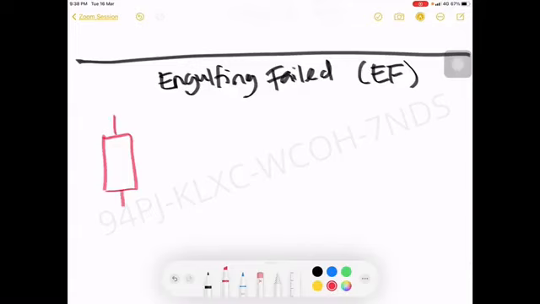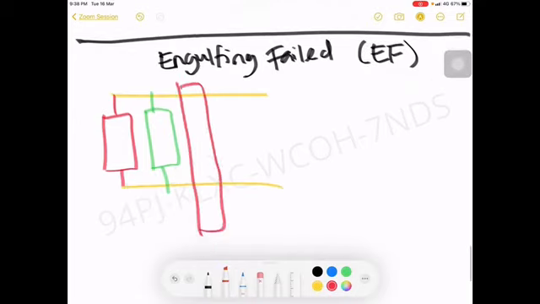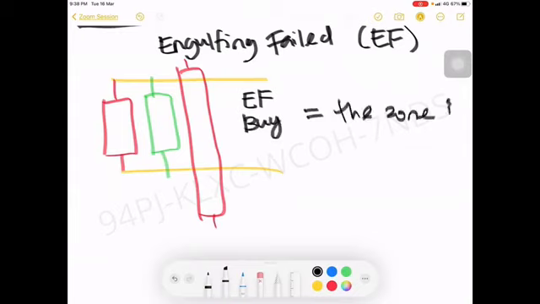But what happened is that when the price comes back to that zone, this is engulfing fill. Buy means that the zone is for sell.